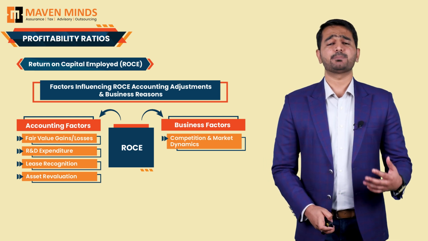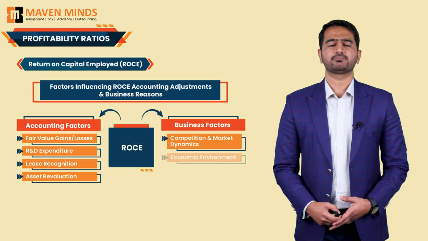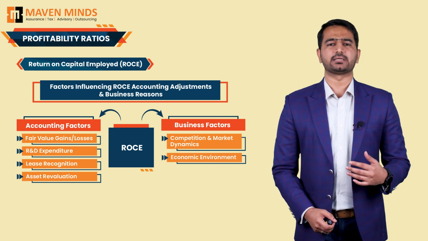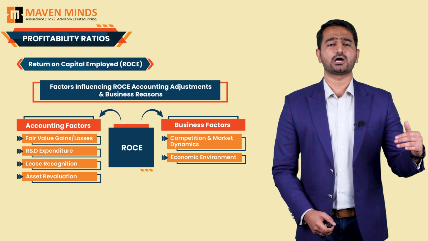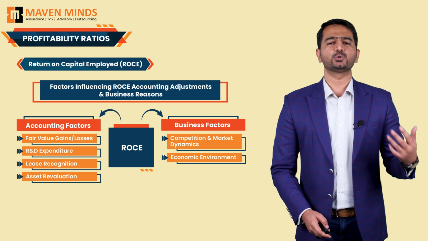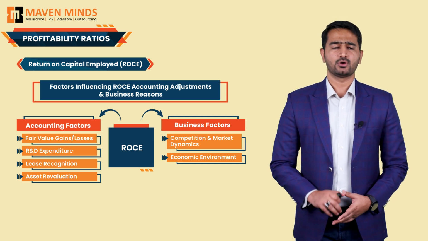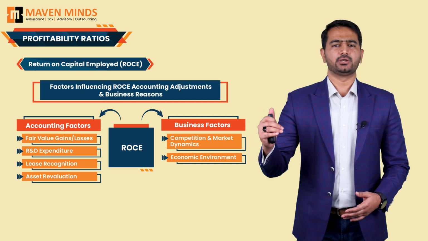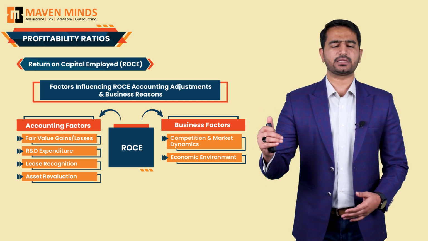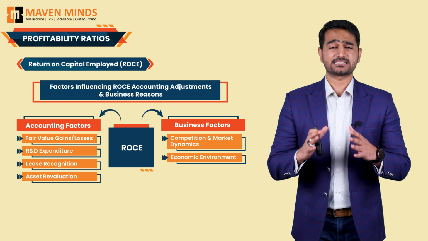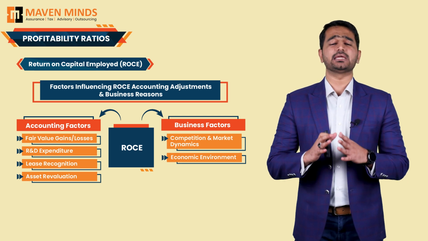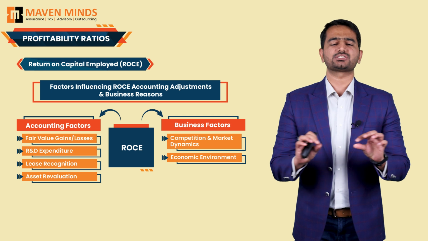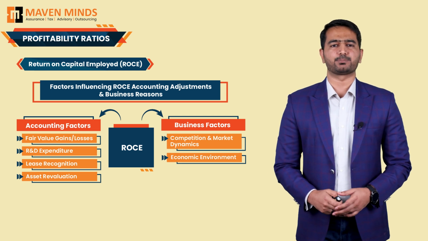Next, think about the broader economic environment. An economic boom can lead to higher return on capital employed, since the capital employed is now yielding higher returns due to favorable market conditions. On the other hand, return on capital employed might decline during an economic recession or depression. It's essential to correlate the economic conditions discussed in the exam scenario with the changes in return on capital employed.